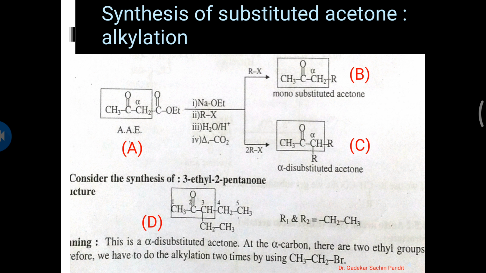Synthesis of substituted acetone by alkylation reaction. There are two types of alkylation reaction possible in this acetoacetic ester.